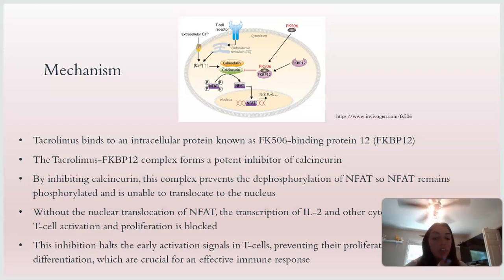Without the nuclear translocation, the transcription of IL-2 and other cytokines necessary for T cell activation and proliferation are both blocked. This inhibition ultimately halts the early activation signals in T cells and prevents their proliferation and differentiation, which are both very crucial for an effective immune response.